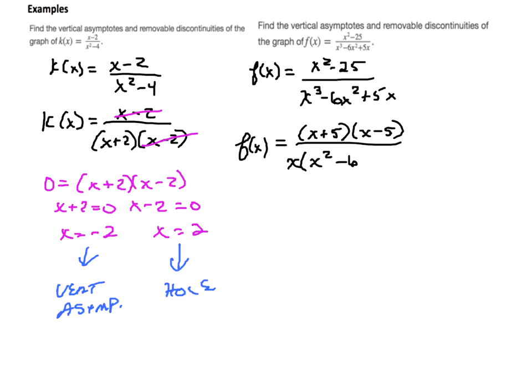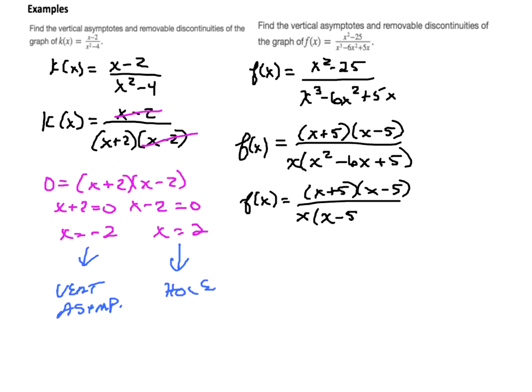I have a GCF in my denominator of x, and I'm left over with x squared minus 6x plus 5. I can further factor that trinomial, so I still have x plus 5 times x minus 5 in my numerator, and then I have a factor of x, and then an x minus 5, x minus 1, and I use the AC method to factor that.